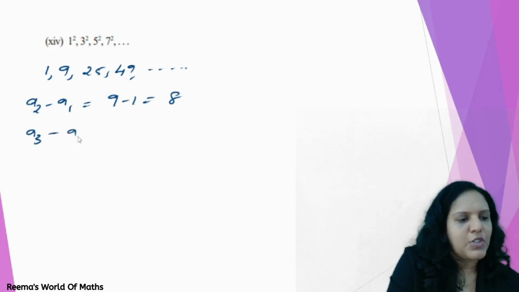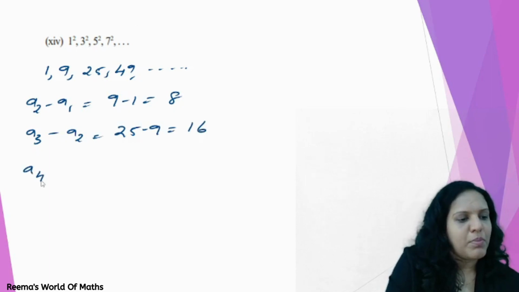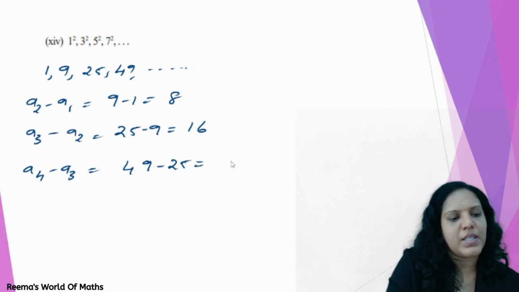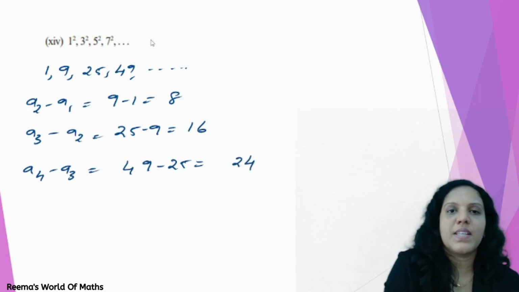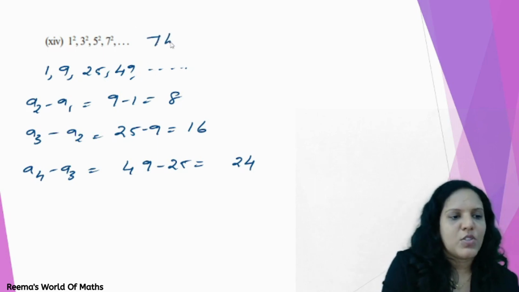A3 minus A2 is 25 minus 9, equals 16. A4 minus A3 is 49 minus 25, which is 24. So here we can see the difference is not common, it's not constant. So this is not an AP.